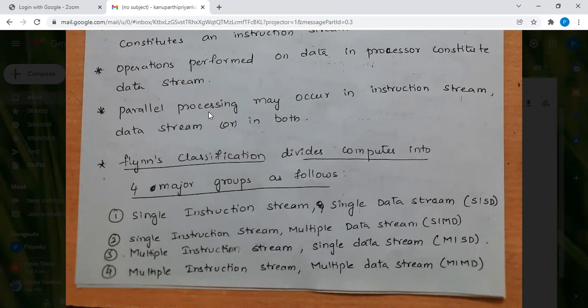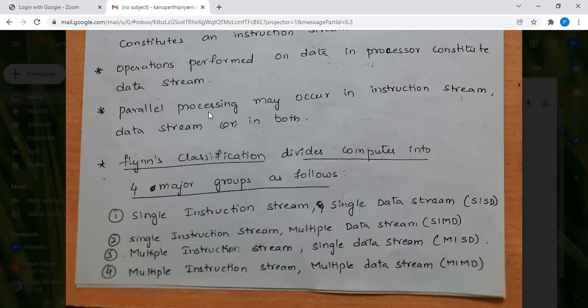So you can write it this way: MISD structure is only of theoretical interest. There is no practical system that has been constructed using this organization. It is an idea that we can perform multiple instructions, multiple control units, having a single data stream. But practically it has not been implemented till now.